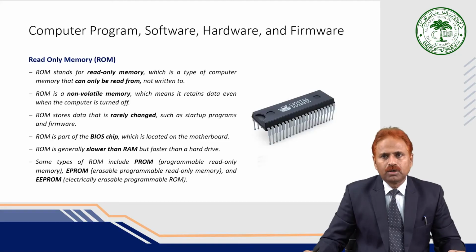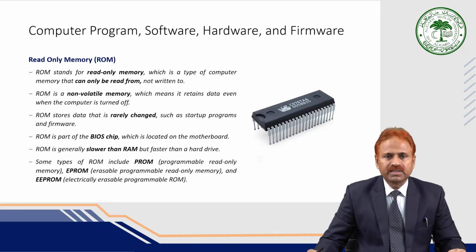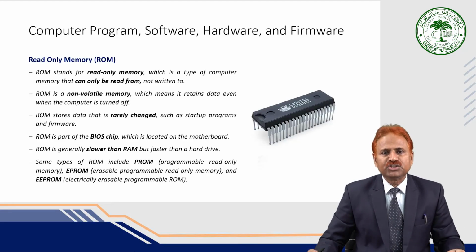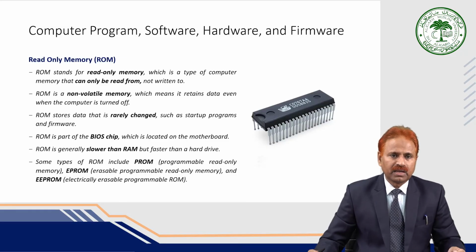ROM is an example of firmware. ROM stands for read-only memory, which is a type of computer memory that can only be read from, not written to. As the name suggests, read-only memory is a non-volatile memory, which means it retains data even when the computer is turned off. ROM stores data that is rarely changed, such as startup programs and firmware.